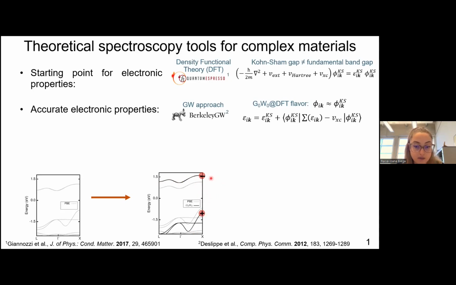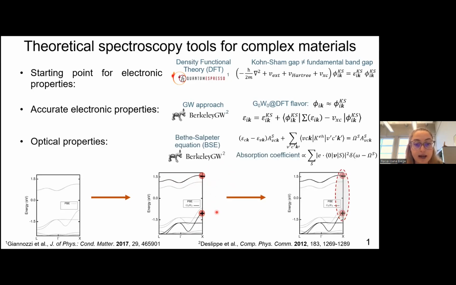Then you get your electron and hole, but no interaction between them. So in order to get optical properties, you need to include the interactions between electrons and hole. And to do that, I am using the Bethe-Salpeter equation formalism.